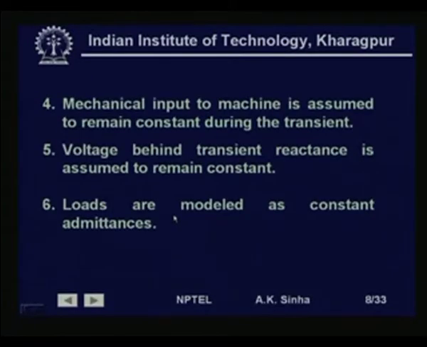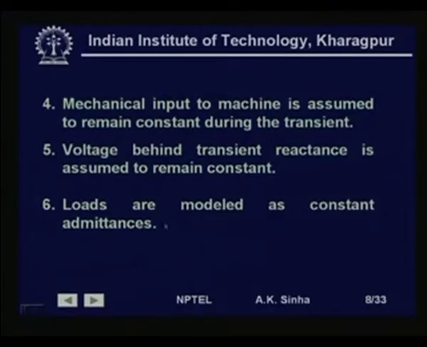Loads are modeled as constant admittances. This again is true to a great extent. However, with induction machines, this may not be true all the time, because if the voltages go down to a very low value, the machine behavior is quite different, and the machine gets stalled or things like that.